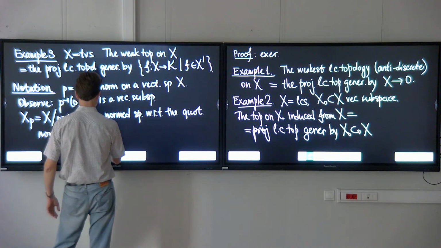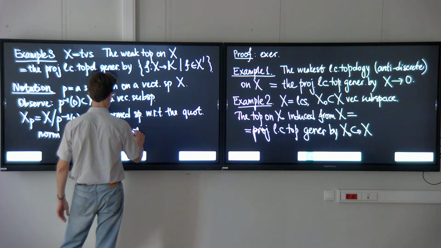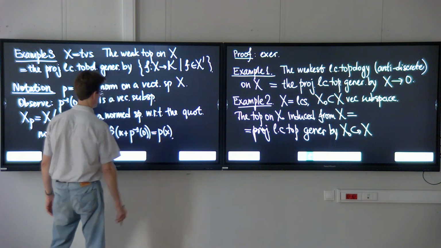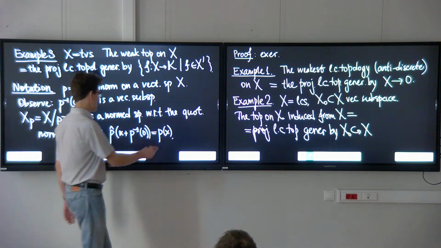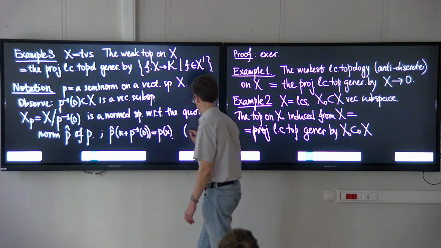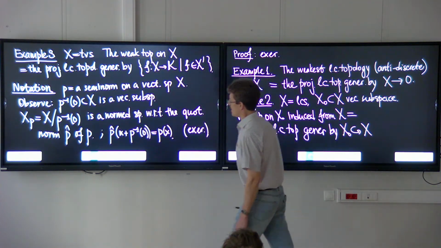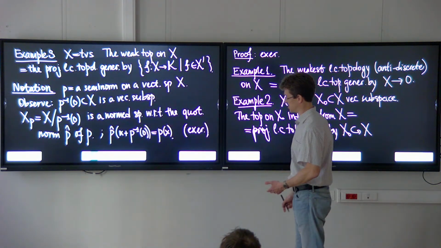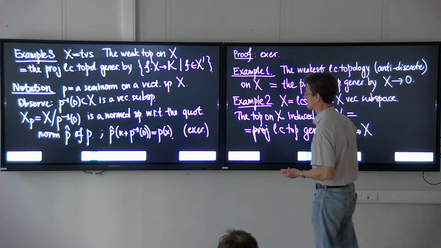Moreover, this norm is given by the following simple formula: it is just p of x. So we take any representative of the respective class and calculate its seminorm. Formally this is a little exercise, but it is actually very easy. This is a very useful construction, as it produces a normed space out of a seminorm on an arbitrary vector space.